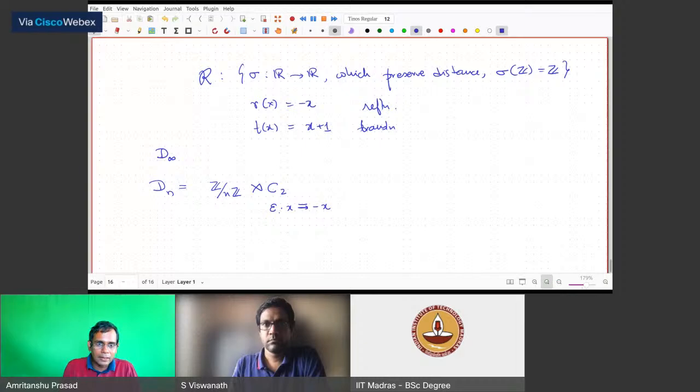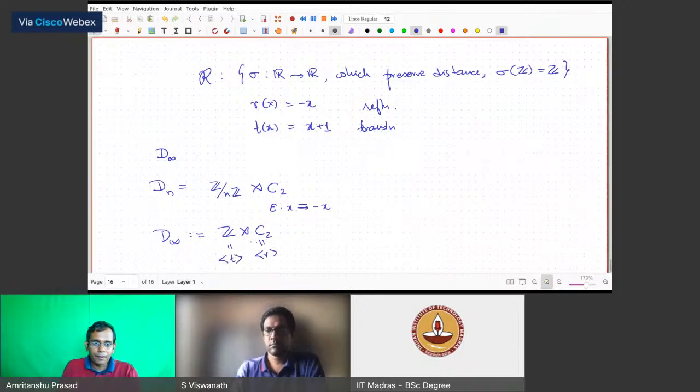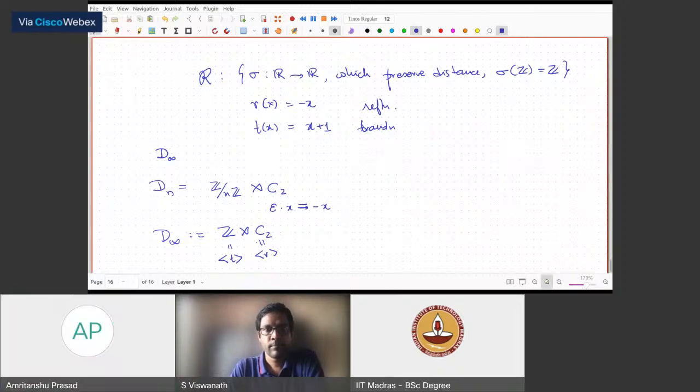So that's the dihedral group, and D infinity is just defined to be Z semi-direct product C2 with the same principle: epsilon x is minus x. This here is the R, and this is the group generated by it. So that's the realization as D infinity, and that's the realization as Z semi-direct product Z mod 2 also. So that's more or less the explanation.